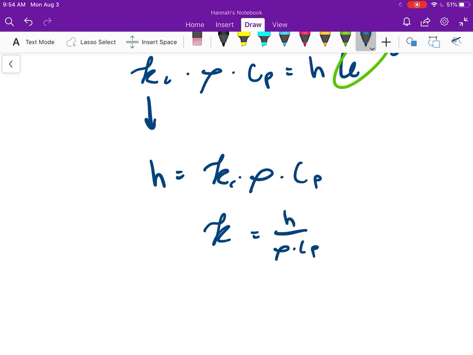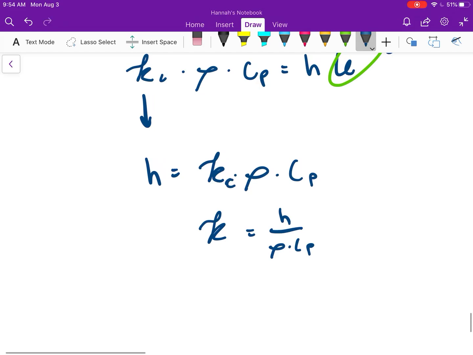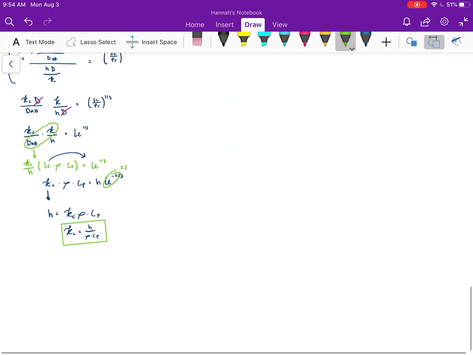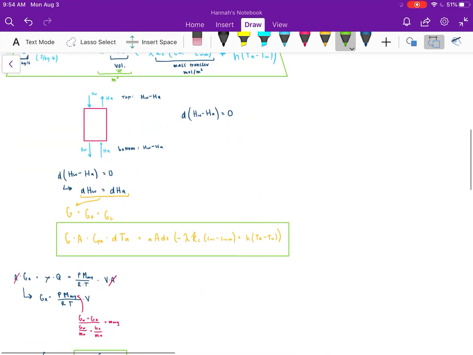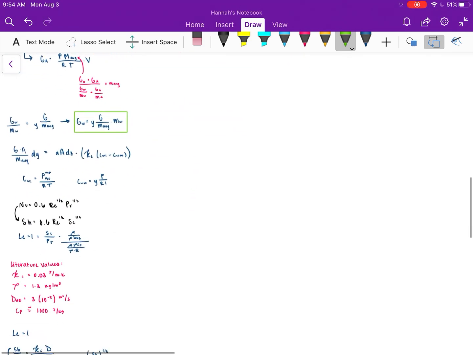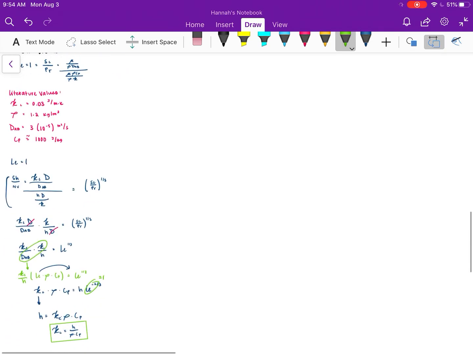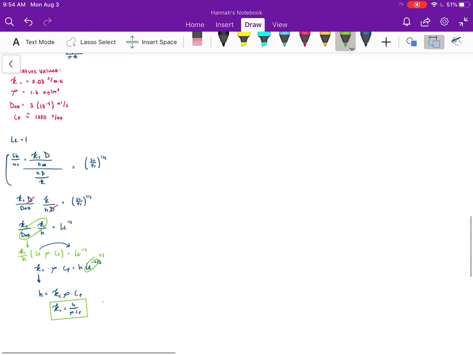And we know this, and we can find literature values and have other information. So this is a very wonderful simplification that we now have. And now we have our differential equations to plug into Python and use. We've got our water, we've got our air, and then we've got our relationships between mole fractions.